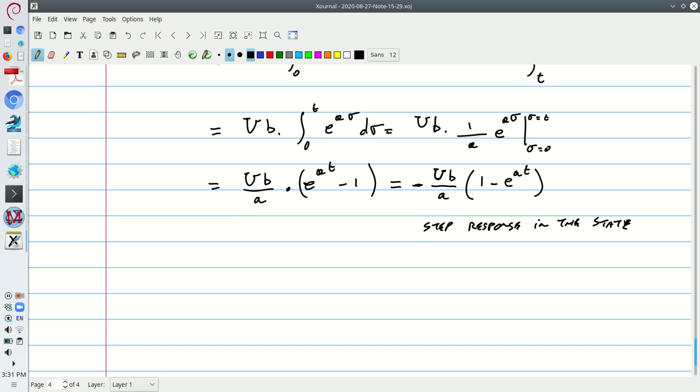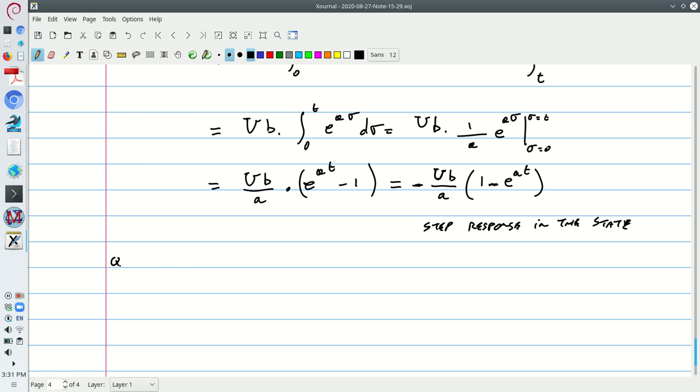One question that could be asked is the following: under what assumptions does this quantity here converge to a finite value?